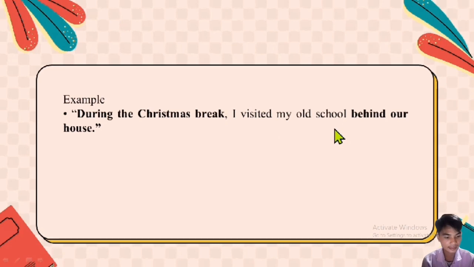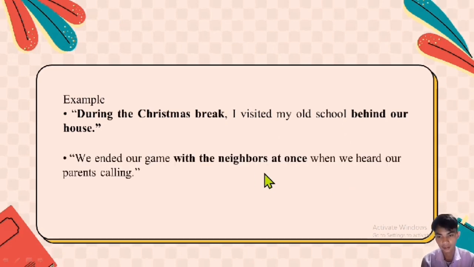Next, the last example. We ended our game with the neighbors at once when we heard our parents calling. Here, two prepositional phrases occur one after the other.